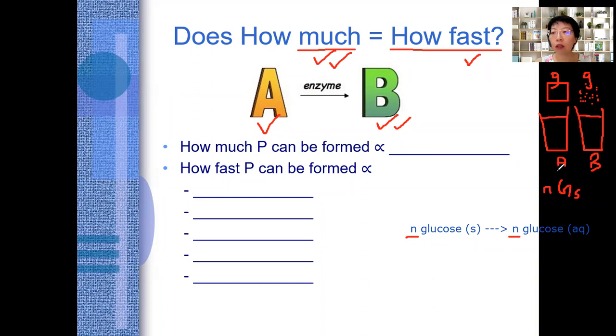So you compare between A and B now. How fast I'll get all the sugar dissolved in the water for A and B. So I ask you all to throw the sugar inside there. Don't stir, just leave it there. Which one will dissolve faster, A or B? Sarah.